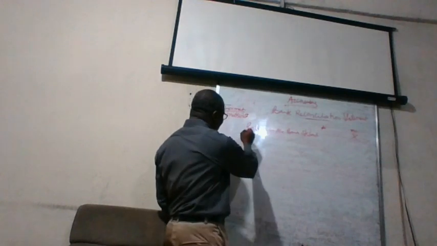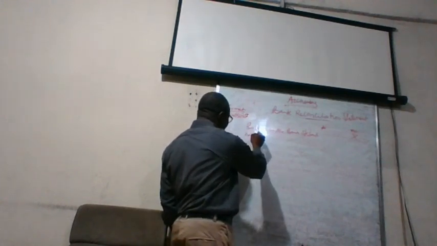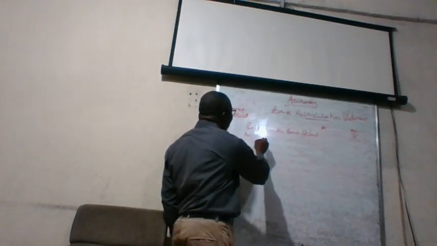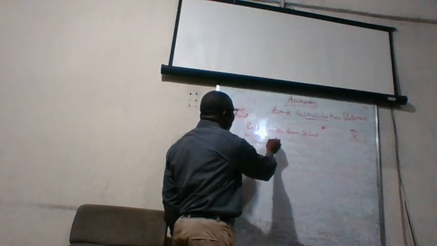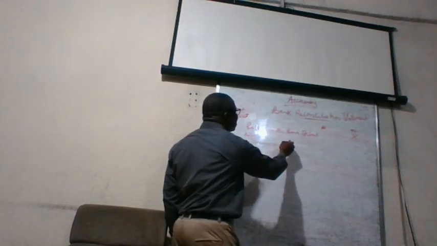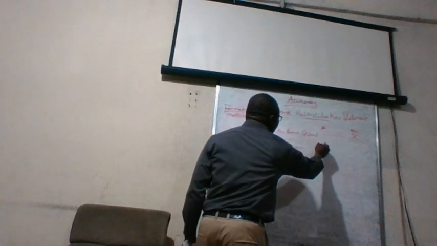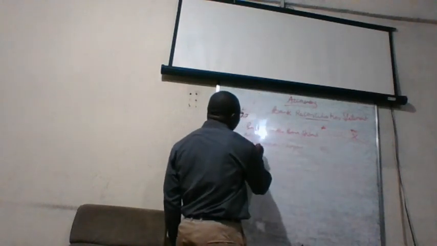What should we add now? Uncredited checks. Bank charges.